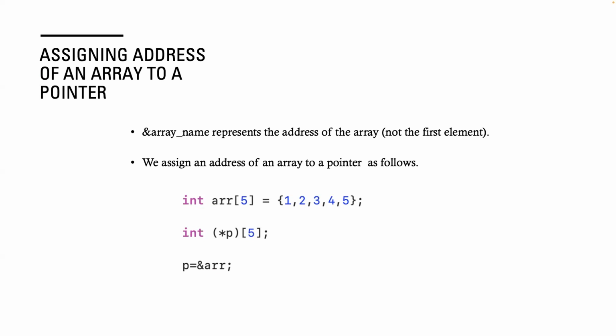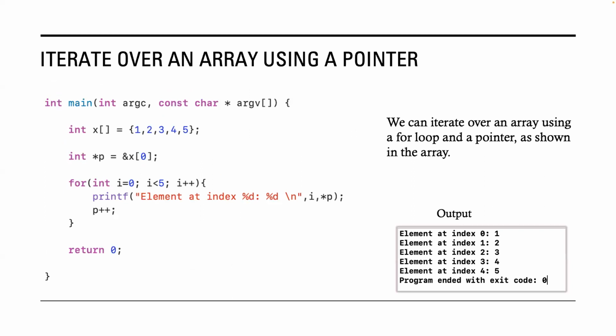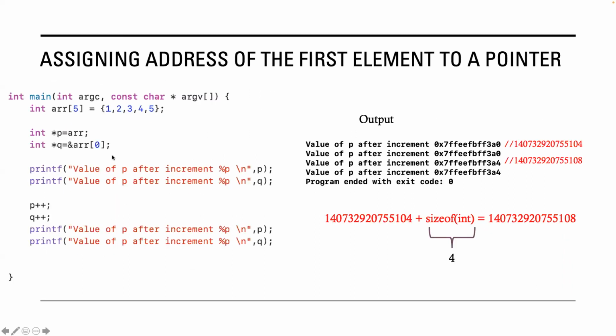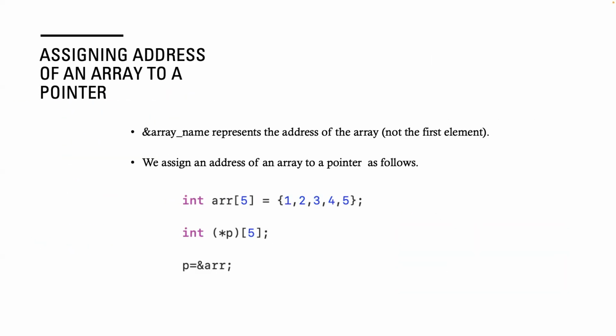So this is not like before. If I go back to this example, I just use the array name, because the array name represents the first element of the array.